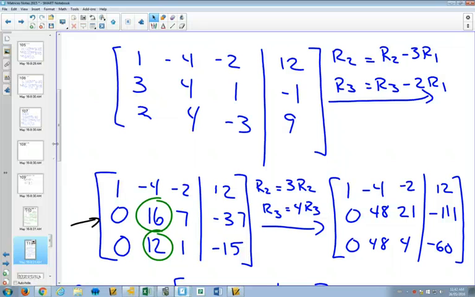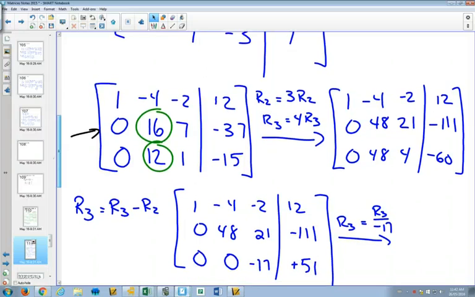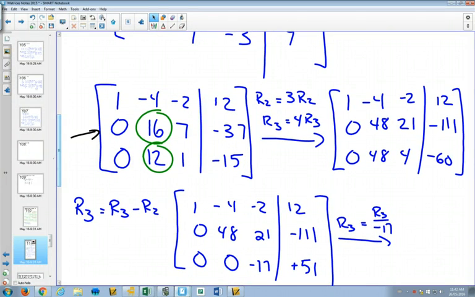If I multiplied equation 2 by 3 and equation 3 by 4, they would both become 48s. Now those are bigger numbers, but then you could subtract the 2 equations and get your answer to be 0.